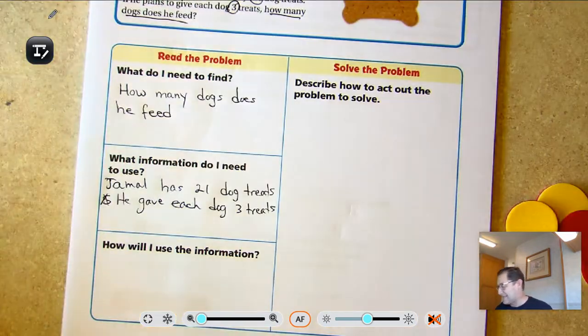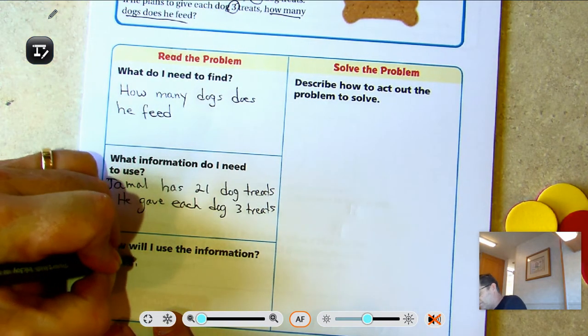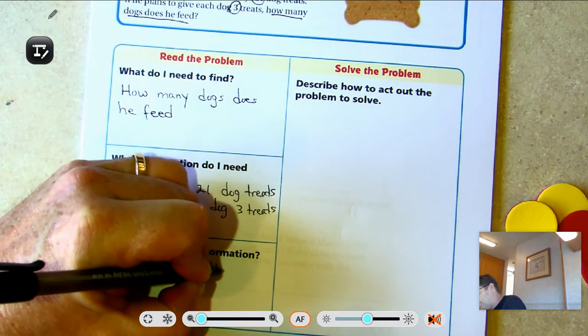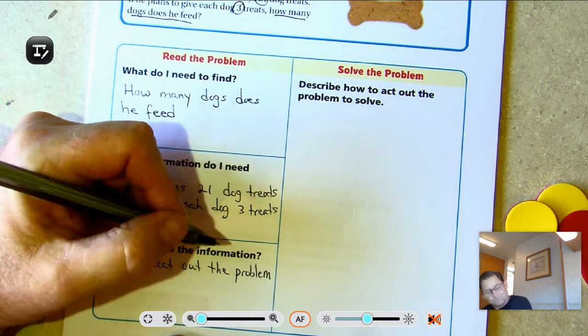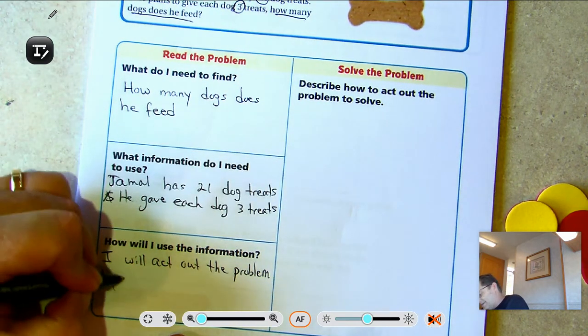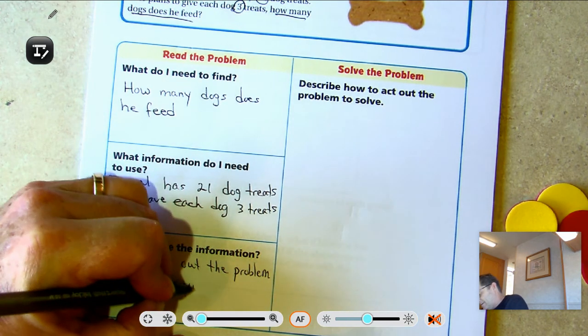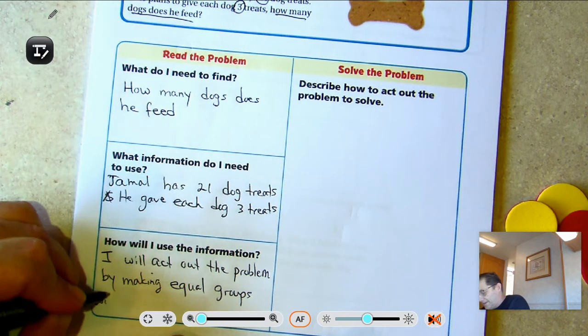Well, it's slightly different. We are still making equal groups. I will act out the problem by making equal groups with the counters.